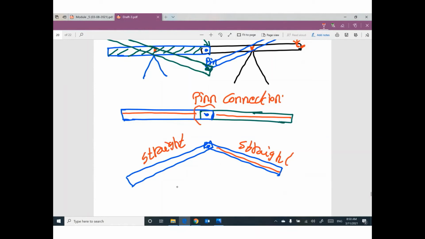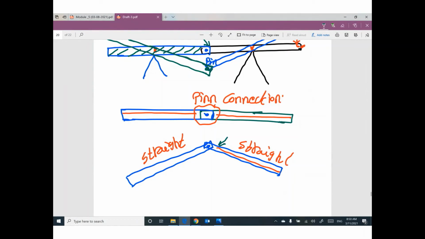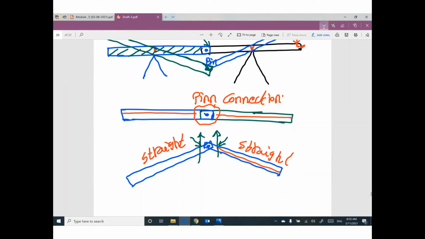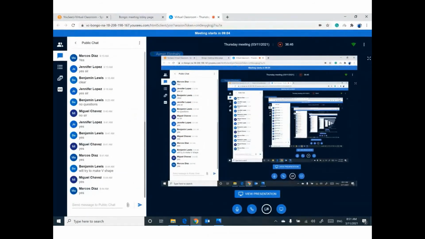This connection means this end is connected to this end. So if this end moved up, this end must move up. If this end moved down, this end must move down. Do you agree? Thank you. So that's clear?